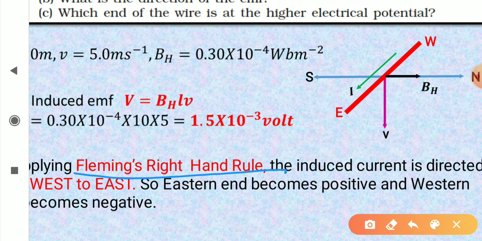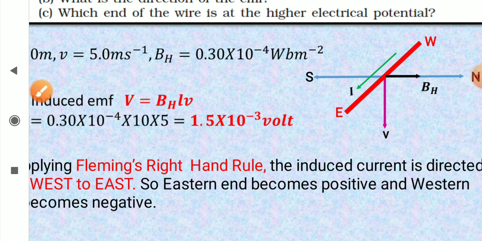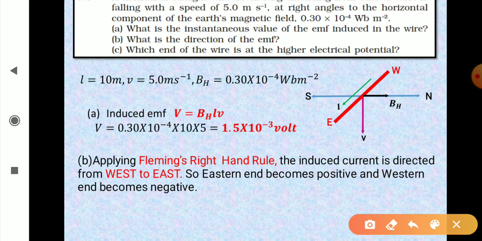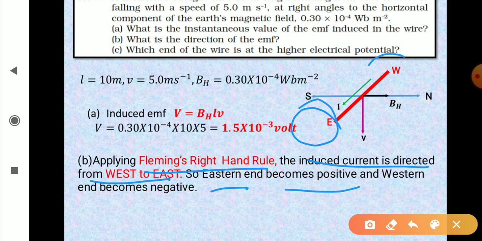If you do it this way, the induced current will be from west to east. Applying Fleming's right hand rule, the induced current is directed from west to east. So the eastern end will become positive and the western end will become negative.